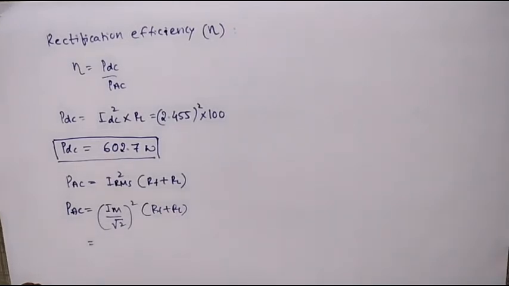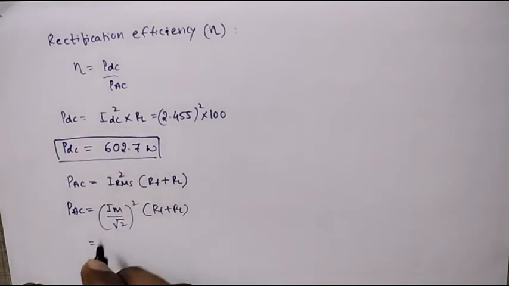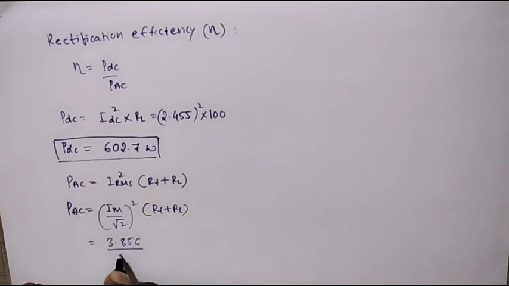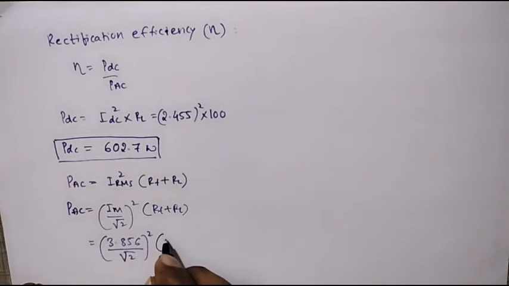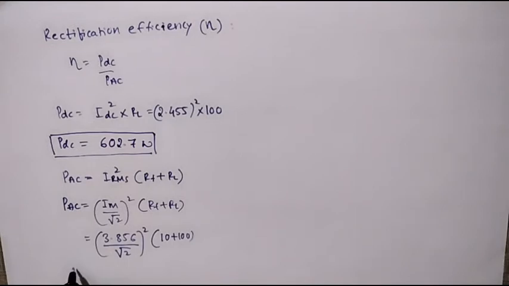Im is already calculated, that is 3.856 divided by root 2, whole square. RF is 10 and RL is 100. PAC is equal to 817.78 watts.